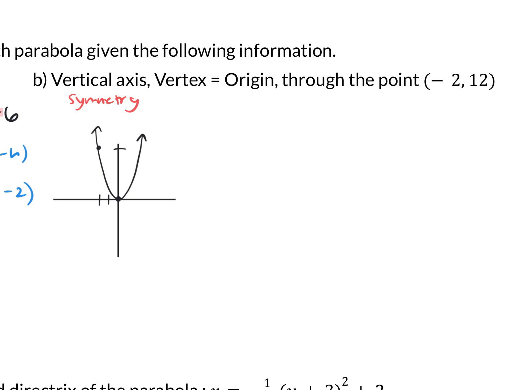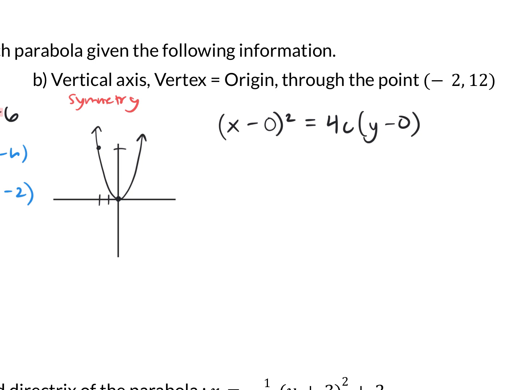So I know it's facing up, which means x squared or y squared? X squared. So the vertex is my origin, so I can go ahead and say (x minus 0) squared is equal to 4c times (y minus 0). Now, do I know anything about my focus or my directrix to help us figure out c?